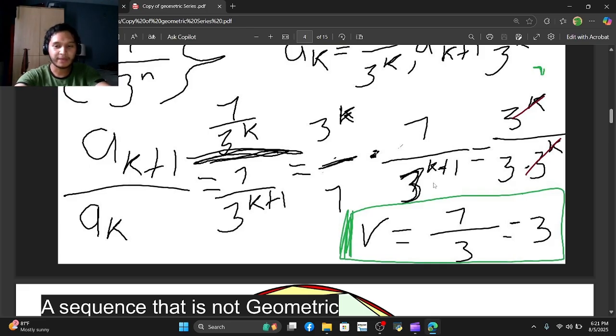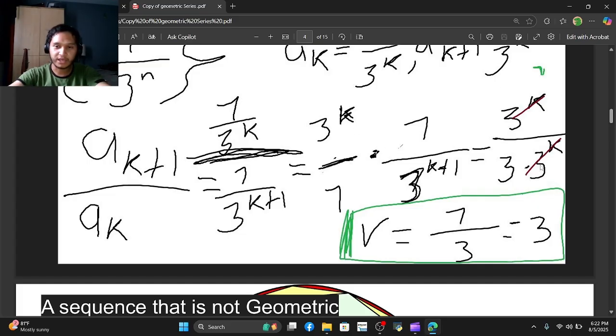So we have 3 to the power of k times 3. Now you may ask where this 3 comes from. Well, this 3 comes from 3 to the power of 1. So 3 to the power of 1 times 3 to the power of k is equal to this. We are just breaking it down.